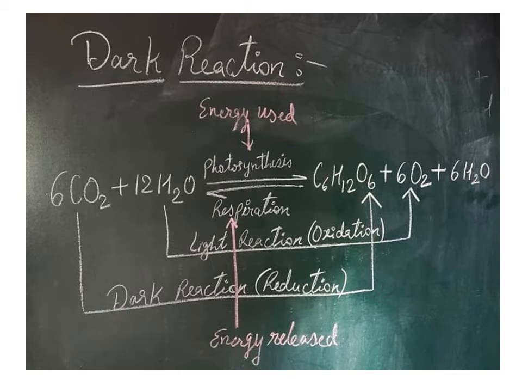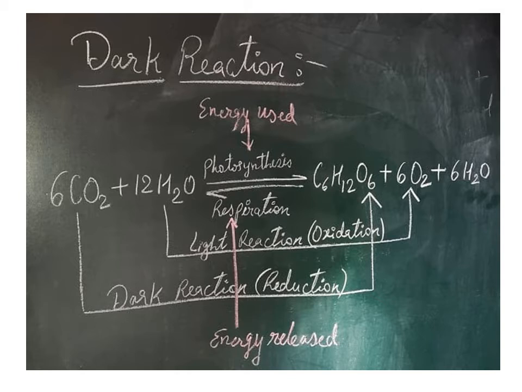If we look at the reversible process, when the sugar or glucose molecule is broken down into carbon dioxide and water molecule, respiration takes place. We can say that photosynthesis and respiration are opposite or reverse of each other.